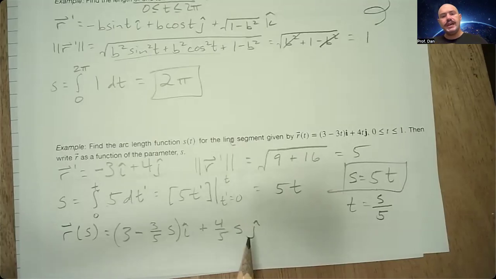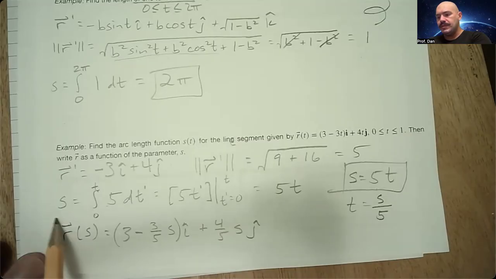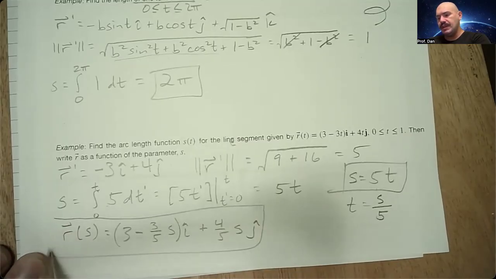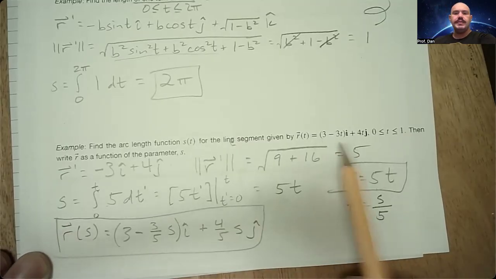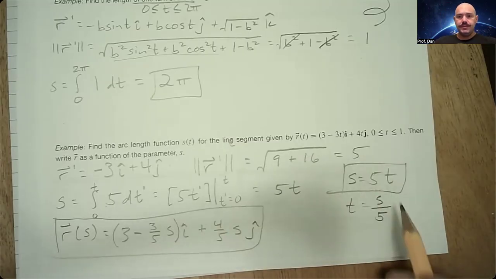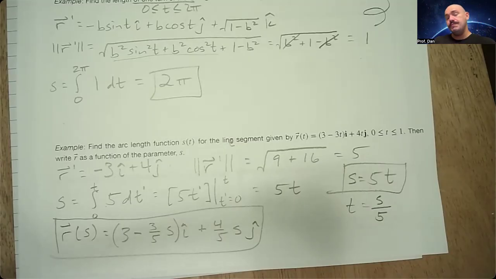So you see, all I had to do there is solve for t, and then anywhere that I saw a t in the original, I replaced it with s over 5. And now we have the original function written as a function of arc length instead of just some random parameter.